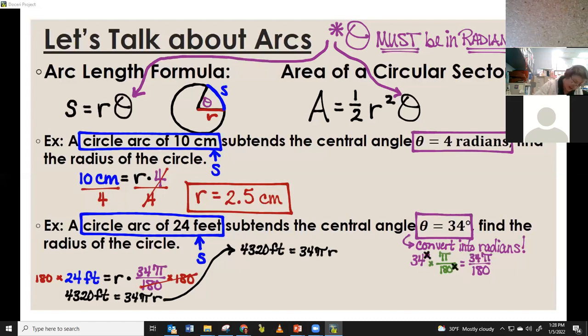Divide by 34 pi. Yes. I'm going to divide both sides by 34 pi. Since we're talking about a measurement of feet, I'm not going to leave this in exact units. We're going to go ahead and round this. Go ahead and round it out to 3 decimal places for me. Our radius would be approximately how many feet?